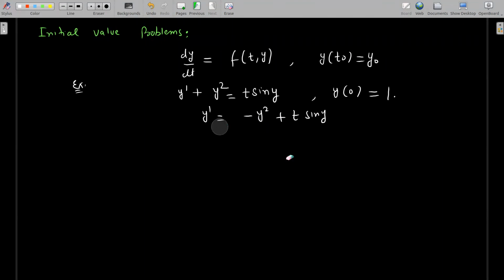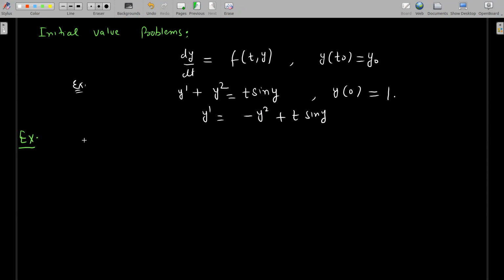And you know that you can solve a linear problem, but you cannot solve nonlinear. We don't know how to solve this equation. You have y square, so it becomes nonlinear. So I am going to take some examples to illustrate what is called existence, uniqueness, etc.